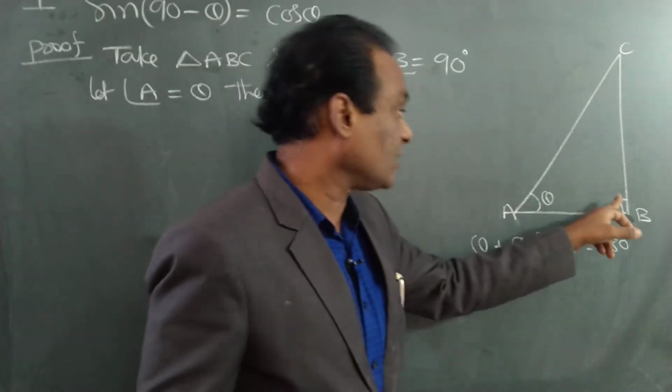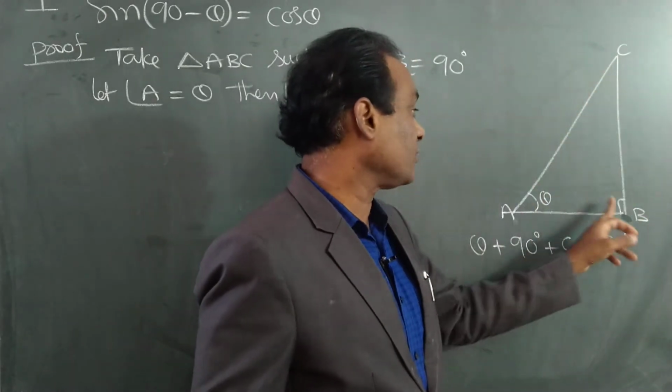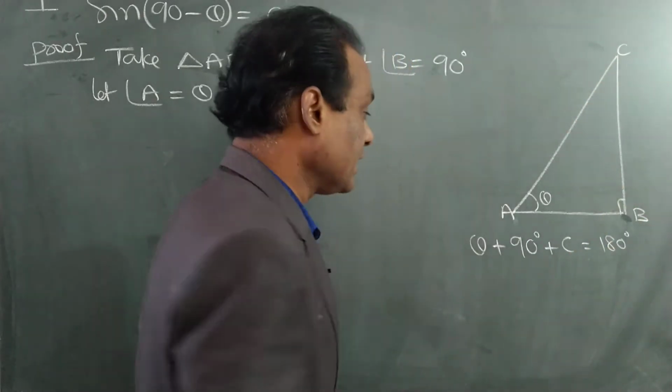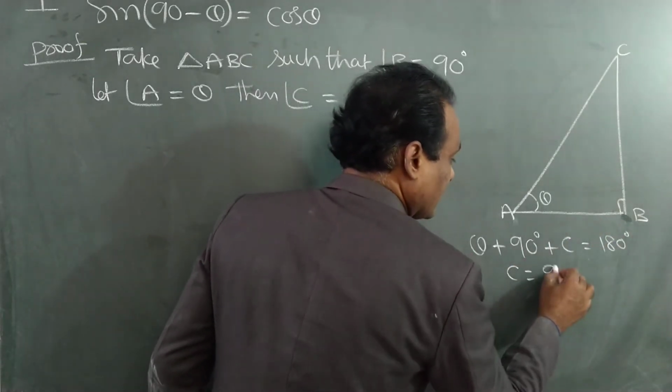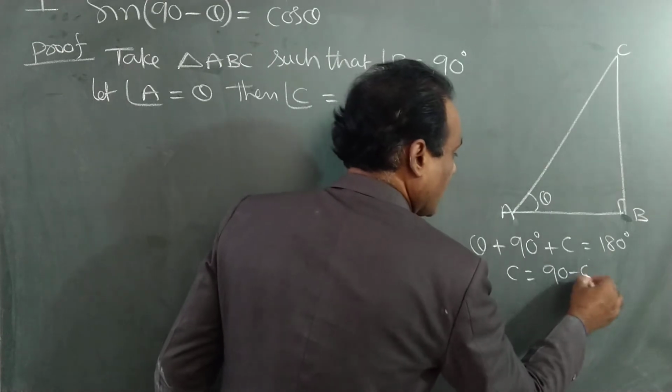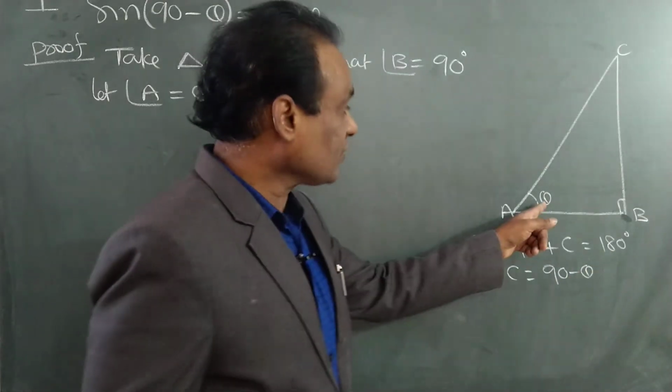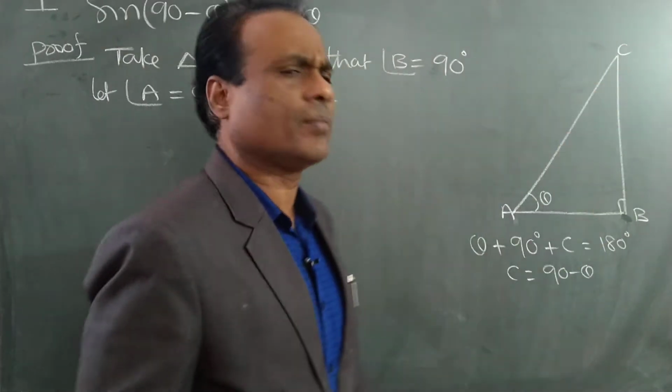This angle plus this angle plus this angle, the sum of these three angles is 180 degrees. So C is equal to 180 minus 90 minus theta, which is 90 minus theta. So if this is theta, automatically this should be 90 minus theta.